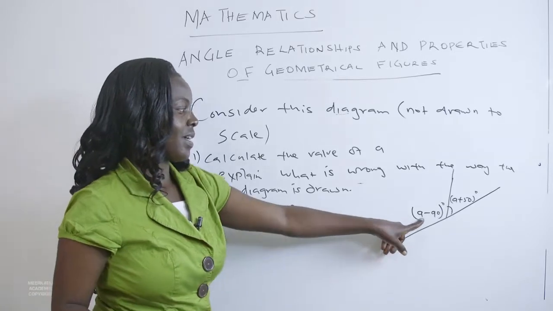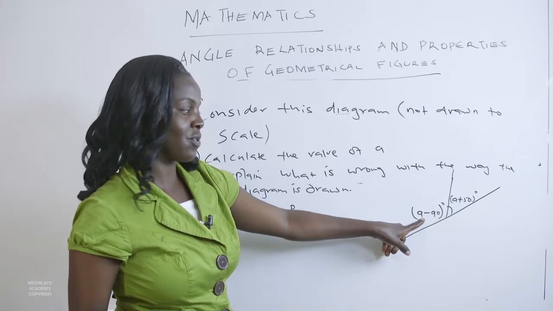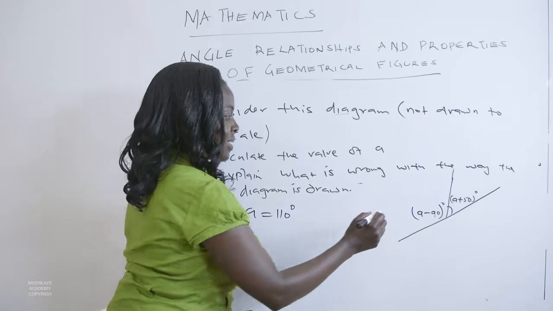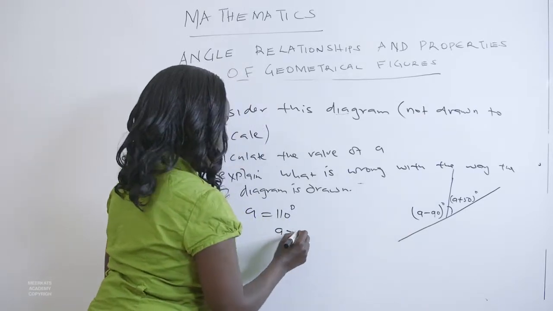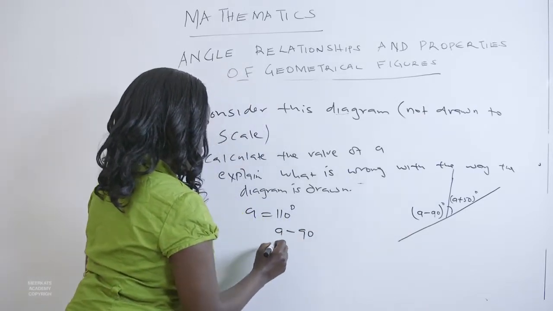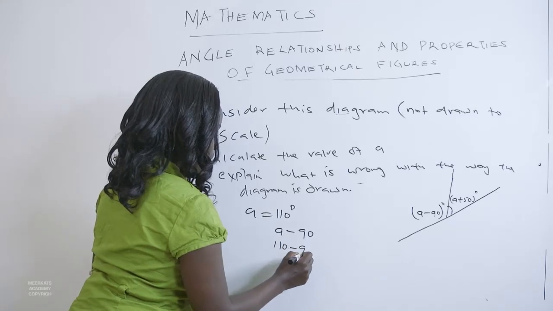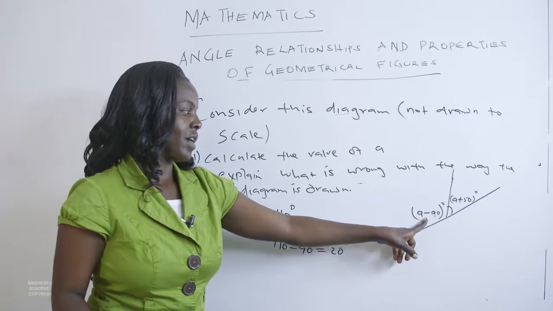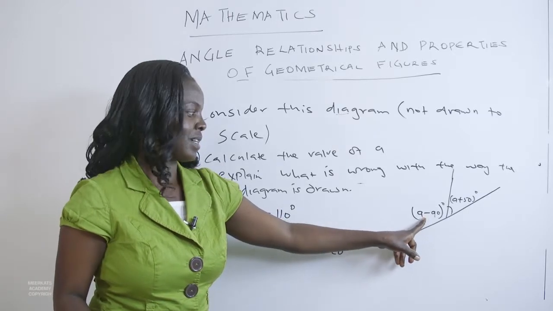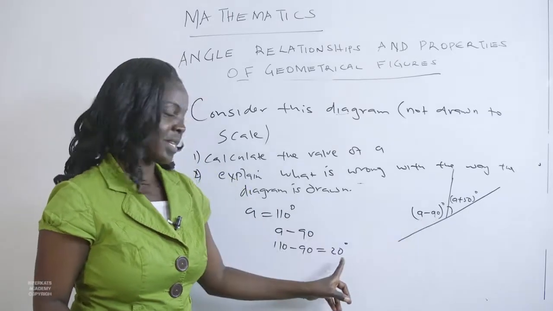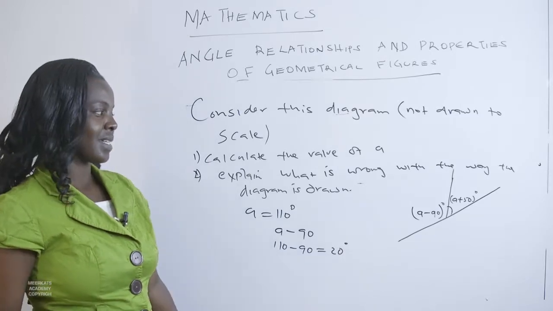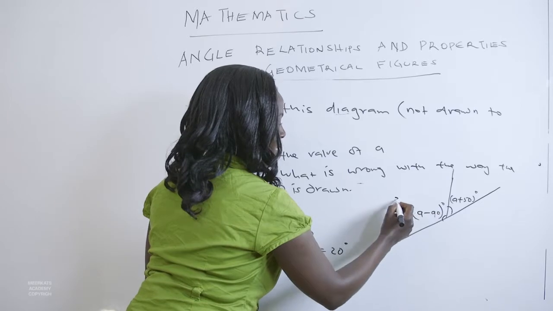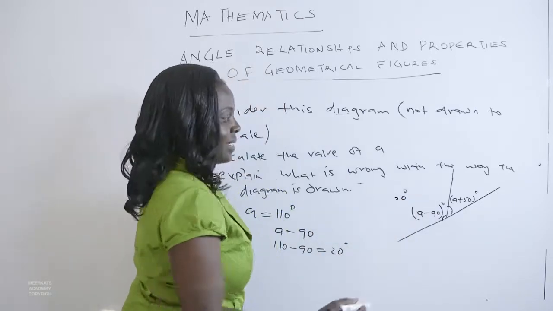So if we substitute the value of A in this expression, if A is 110, then 110 minus 90 gives us how many degrees? 20. So this angle here is supposed to measure 20 degrees. And this other side?